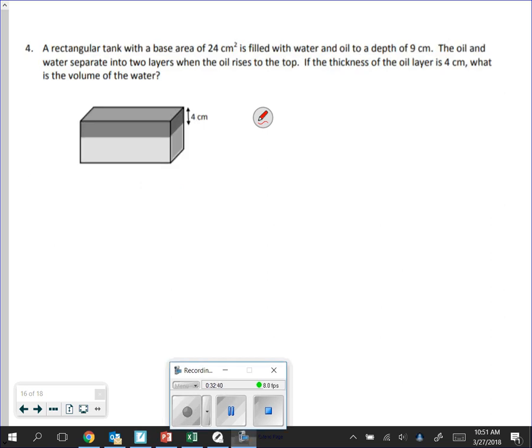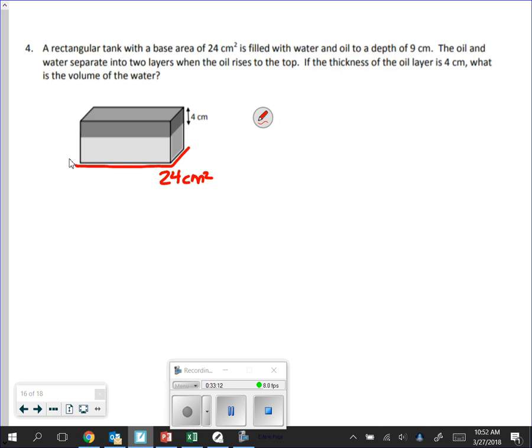Base area 24: the length and the width, when multiplied together, would be 24 centimeters square. A rectangular tank with a base area of 24 centimeters square is filled with water and oil to a depth of 9 centimeters.